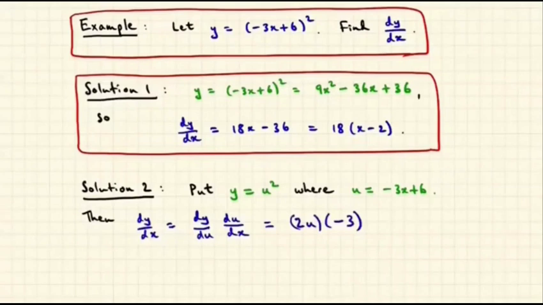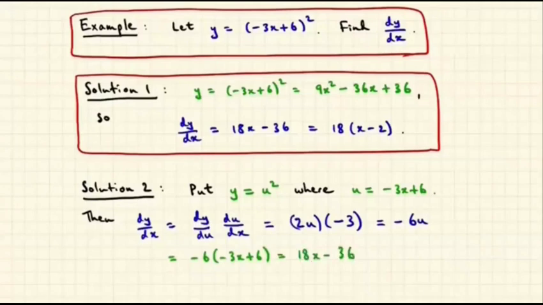So this product becomes 2u times minus 3, which is minus 6u. Converting back into an expression involving x, this becomes minus 6 times minus 3x plus 6, which quickly simplifies to 18 times x minus 2, which is the same answer we got earlier.